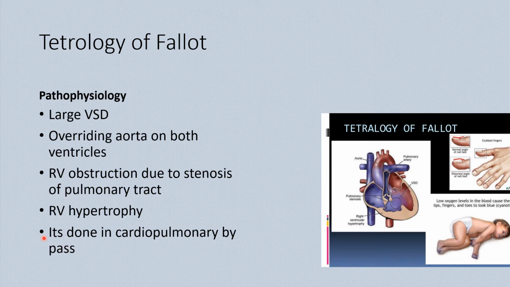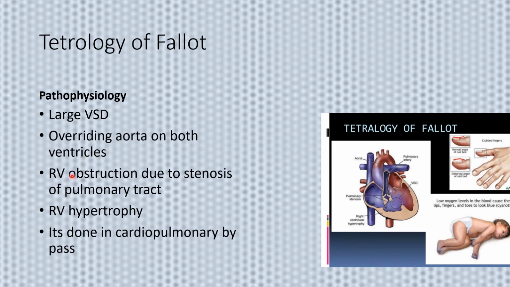As I told you, the commonest cyanotic heart disease is tetralogy of Fallot. As the name indicates, tetralogy means it's a combination of 4 defects. These 4 defects are: there would be a large ventricular septal defect, overriding aorta on both right and left ventricle.